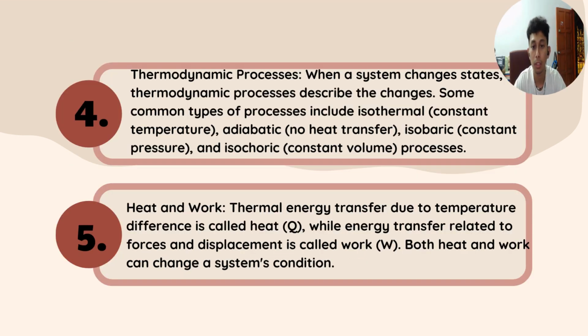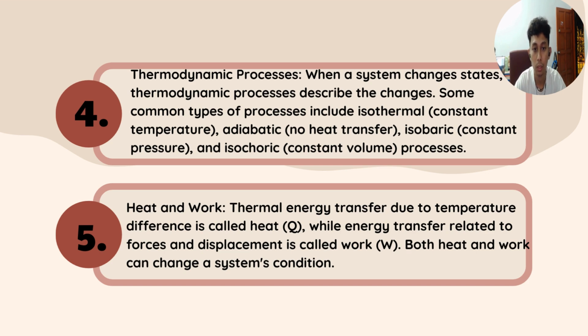Okay, for number four, thermodynamic processes. When a system changes states, thermodynamic processes describe the change. Some common types of processes include isothermal (constant temperature), adiabatic (no heat transfer), isobaric (constant pressure), and isochoric (constant volume) processes. And the last one is heat and work.